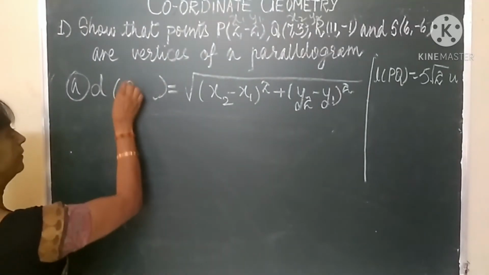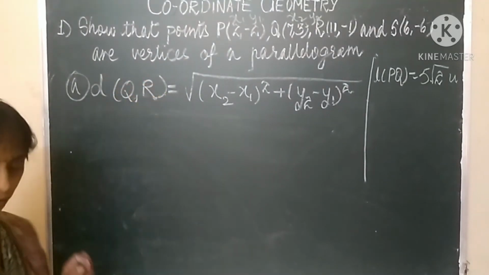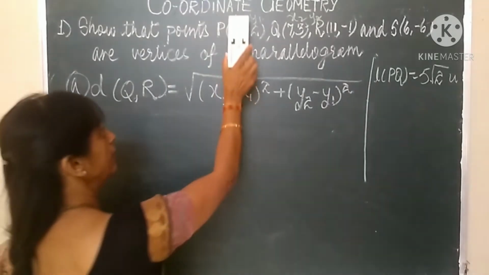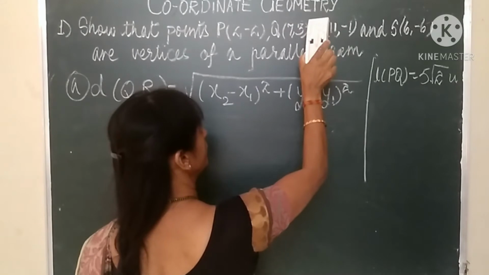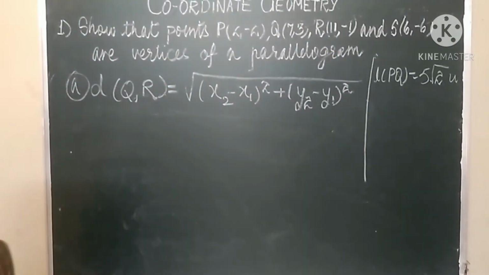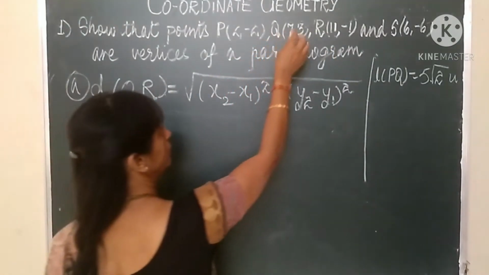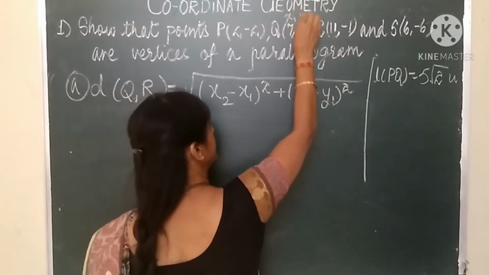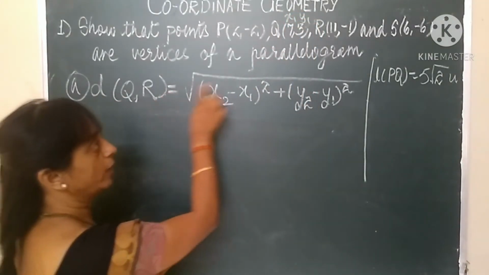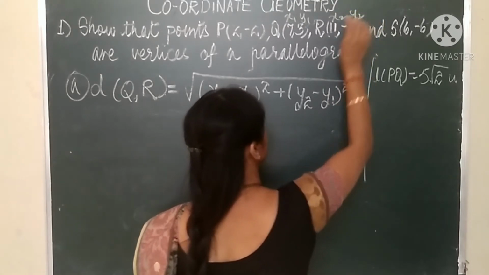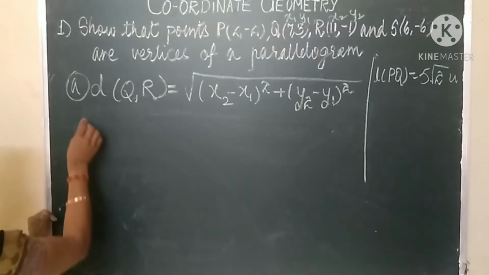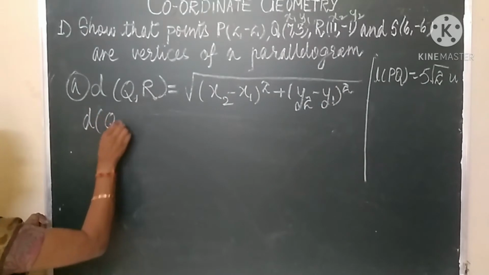So now we are dealing with QR. So let's assign the values for x1, y1 and x2, y2. So over here for point Q the coordinates can be assigned as x1, y1, and for point R it will be x2, y2. So let's begin by substituting in the given formula.